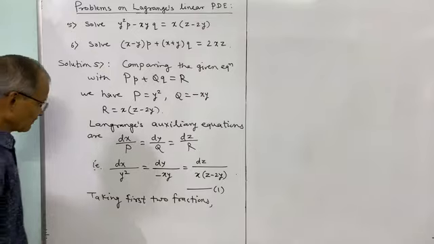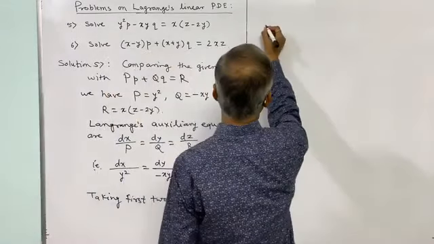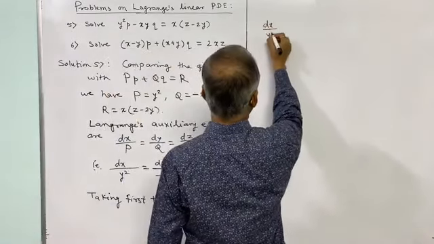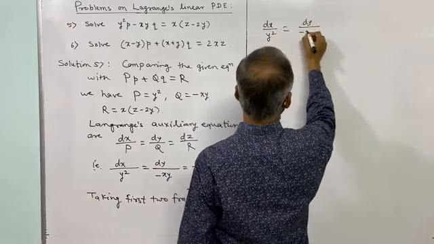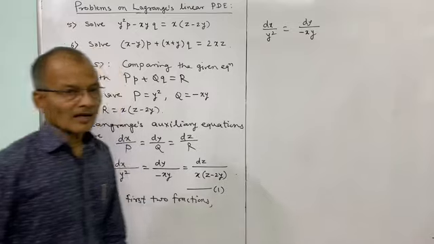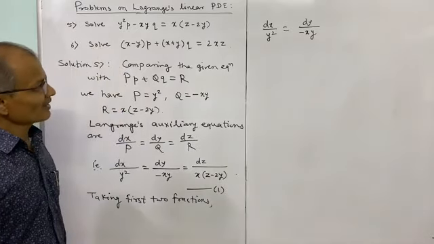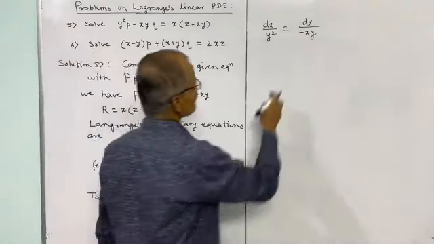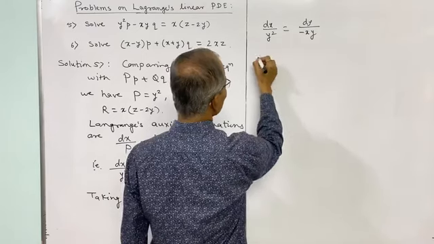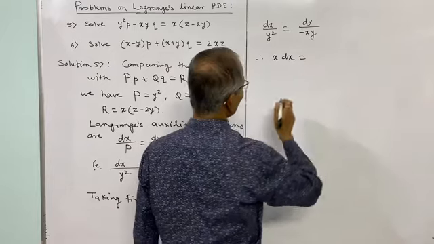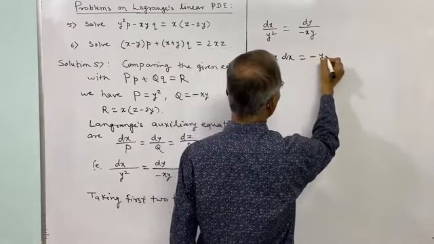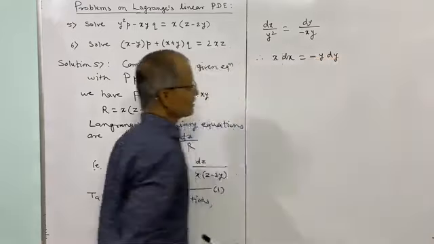We get dx divided by y square is equal to dy divided by minus x into y. Now we can cross multiply and get x dx is equal to y square dy divided by y, meaning negative y dy.